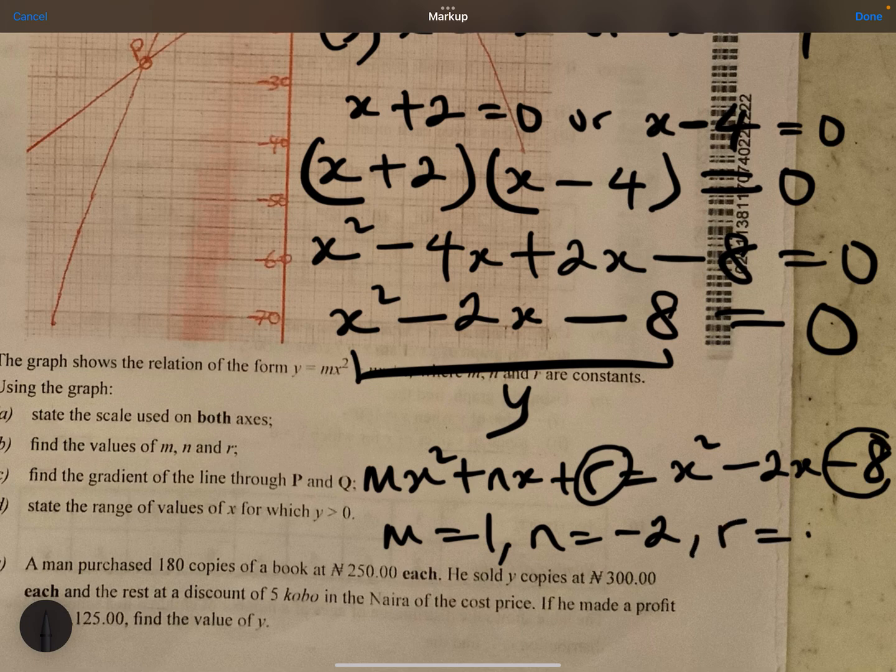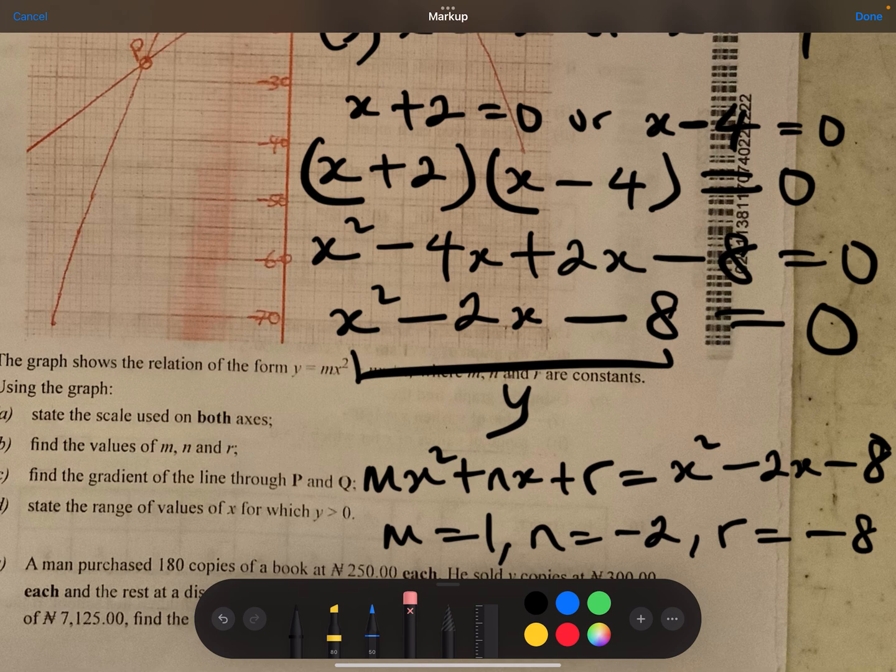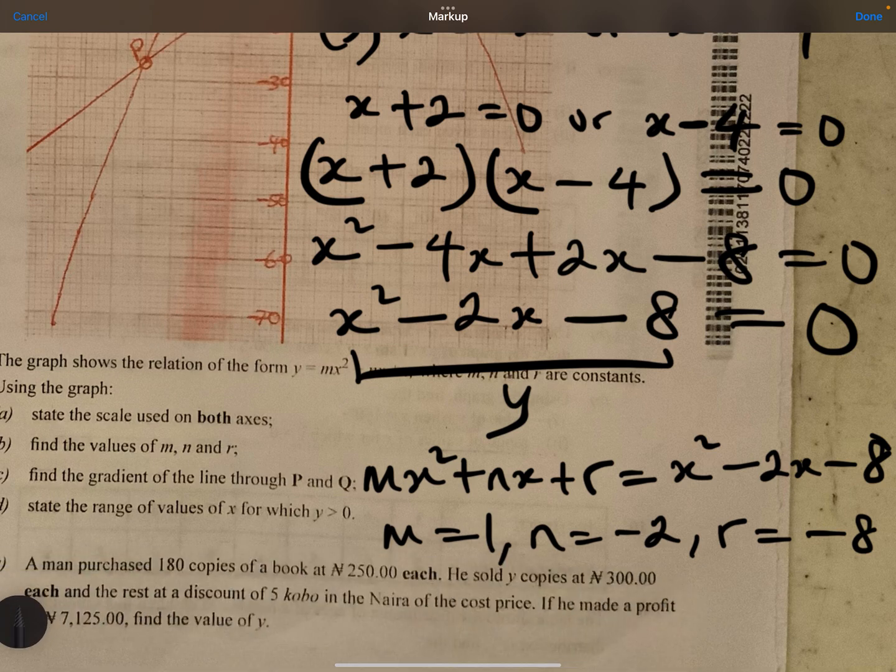That means r equals minus 8. And that answers question B. M equals 1, n equals minus 2, r equals minus 8.